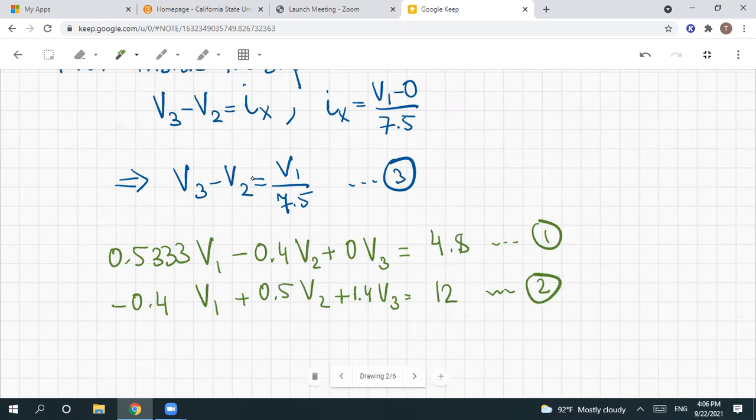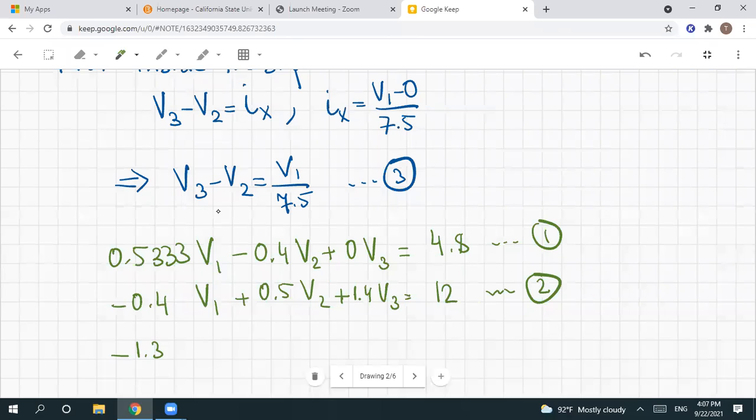And in the third equation, as you see here, I have V1. I will take V1 to the other side of the equation. So it will be negative 1 over 7.5. What will be 1 over 7.5, please?